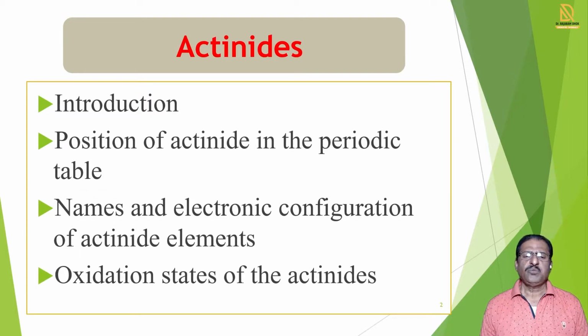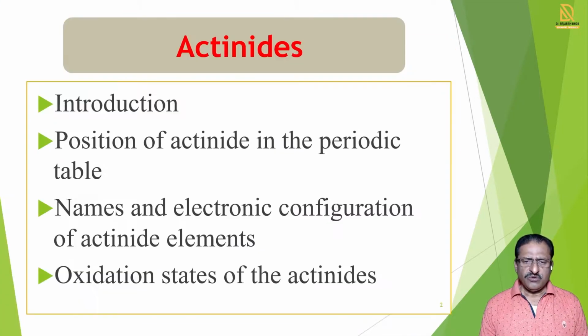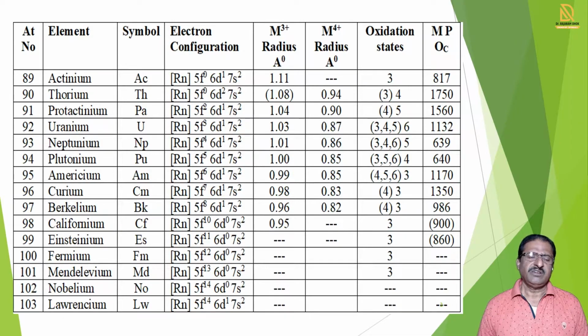So firstly we see the position of the actinide series elements in the periodic table. We have already seen the position of the lanthanides and actinides in the periodic table at the start of the lanthanides, and again we revise it in short with the help of the periodic table. You know that in the periodic table there is the actinide series, present below the d block elements, as the inner transition series.